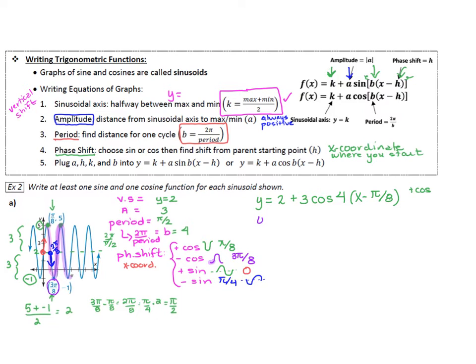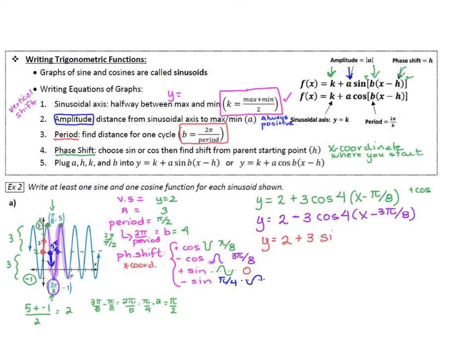The negative cosine is 2, and this now makes a negative. Everything else here is the same, except for where we start. We're going to start at 3 pi over 8. And if I'm doing the positive sine, it's going to be y equals 2 plus 3 sine 4.